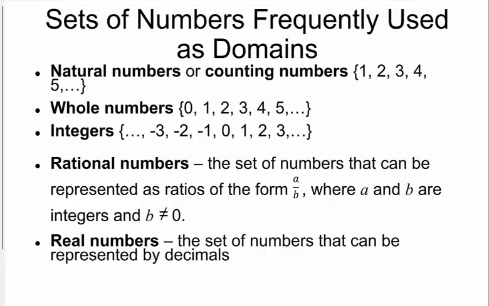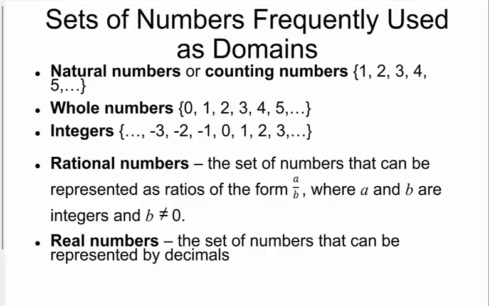Real numbers are any numbers at all, basically, that can be represented by decimals. So that includes pi, square root of 2, anything that can be expressed as a decimal. Now, you're saying all numbers, aren't they real numbers? We'll learn something else later. But for right now, yeah, all numbers you know are real numbers.